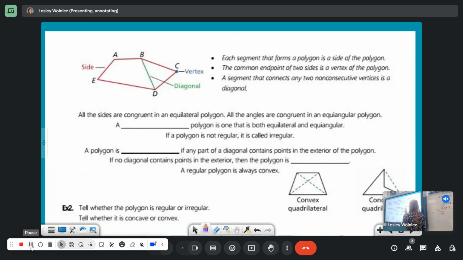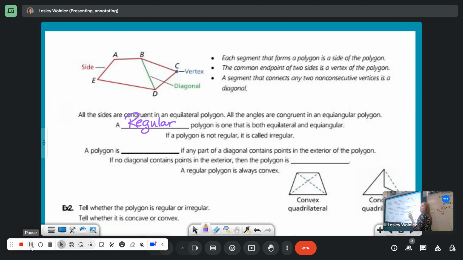All the sides are congruent in an equilateral polygon. We know that. All the angles are congruent in an equiangular polygon. We know that too. A regular polygon is one that is both equilateral and equiangular.